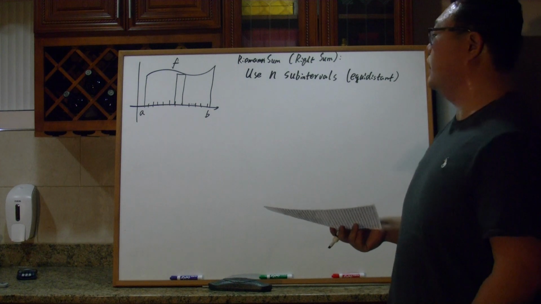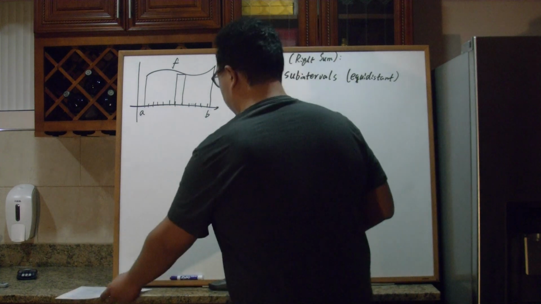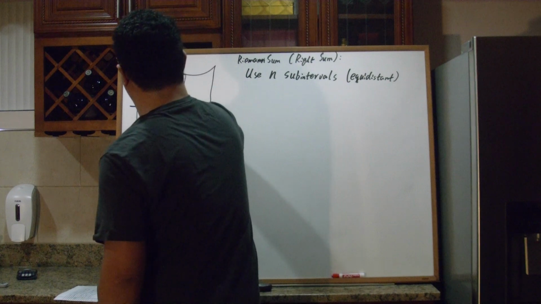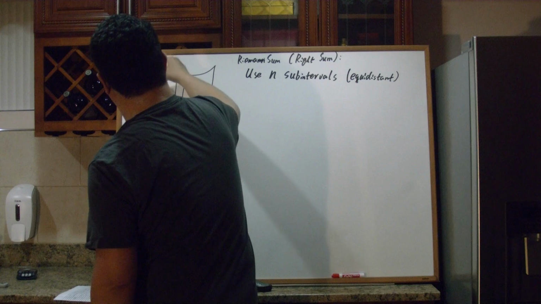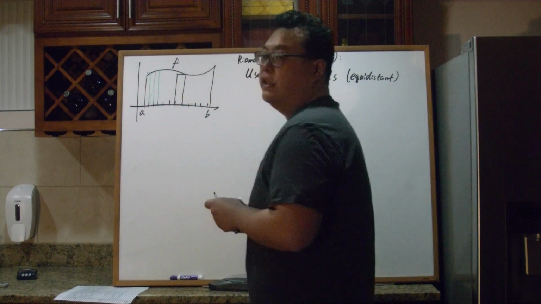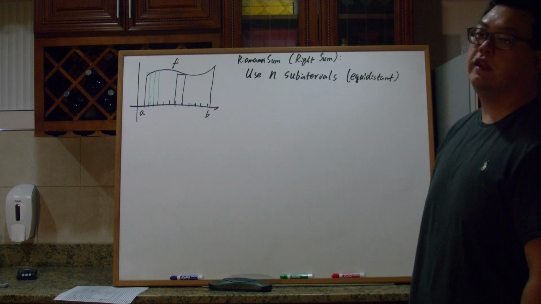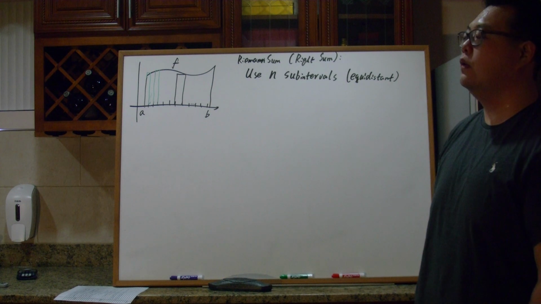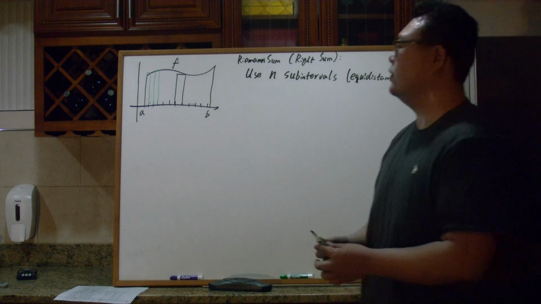We have seen that from a to b we cut into different subintervals, each part having an equal length, and we take the right endpoints to evaluate. Of course, they are not necessarily equidistant. We use equidistant only because it is relatively easier to evaluate the result.